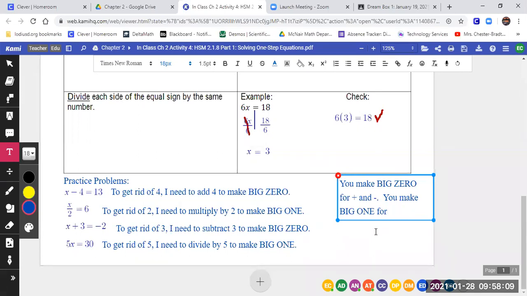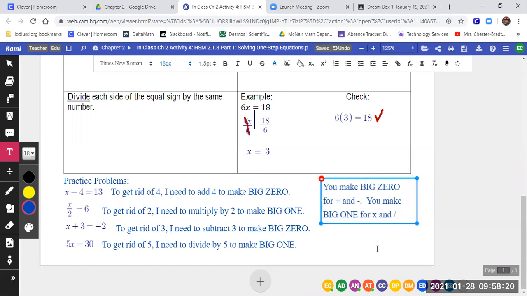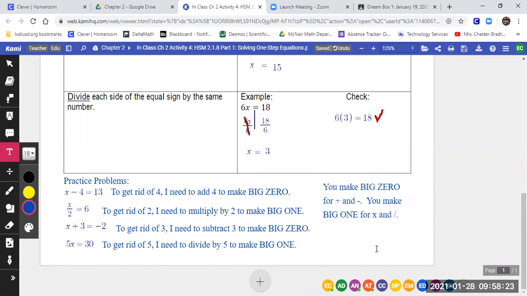I'm going to use this one and divide, because that's the divide symbol we're using anyway, right? All right. And the whole goal is to make the inverse, okay? The adding and subtracting is called an additive inverse because it turns it into 0, and adding 0 doesn't matter. The multiplying and dividing is called multiplicative. Lovely word, it's great. Multiplicative inverse, because we turn it into a 1, because multiplying by 1 doesn't matter.